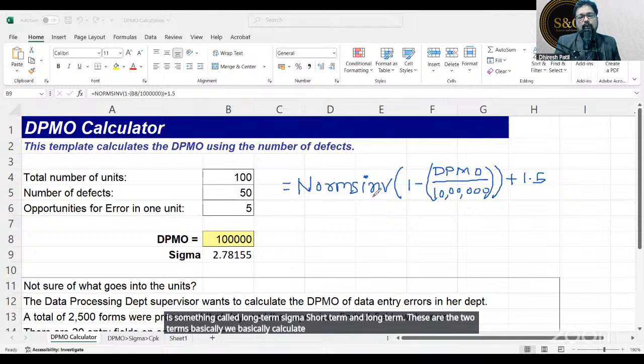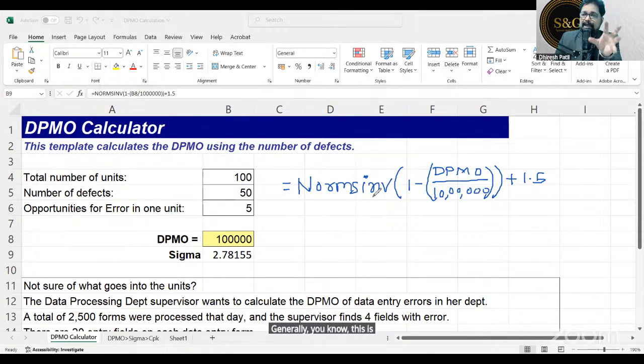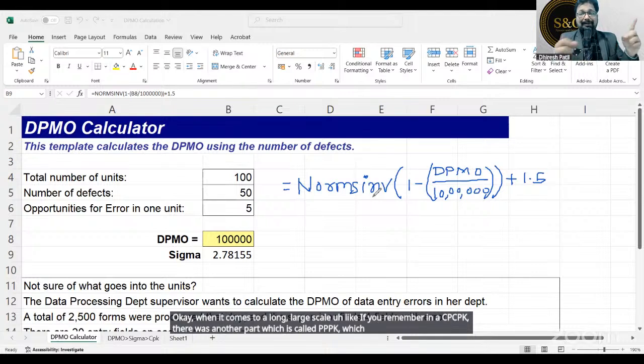What happens is, because we have taken only a small sample, generally this is called the DPMO for a sample. When it comes to a large scale, if you remember, in CP and CPK there was another part called PP and PPK, which is long-term process capability.